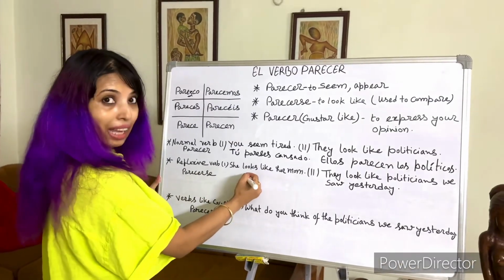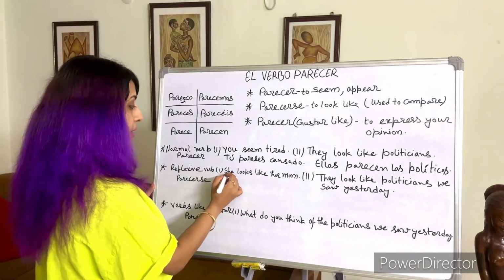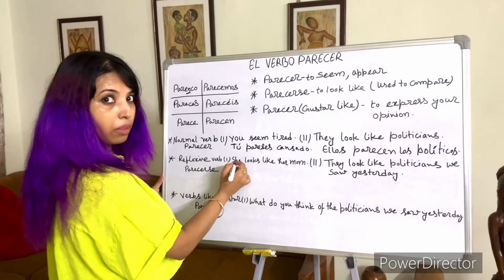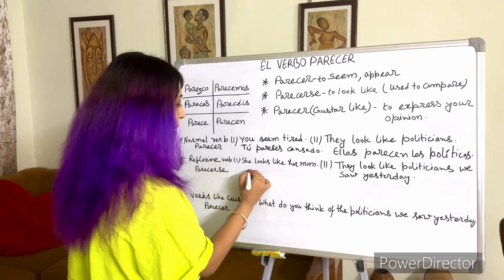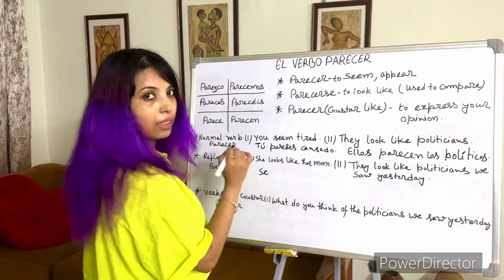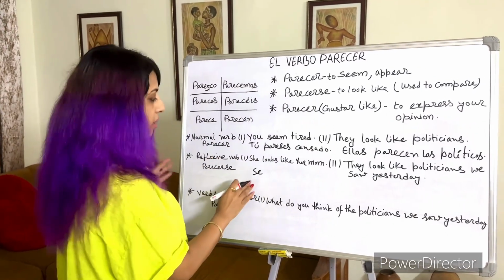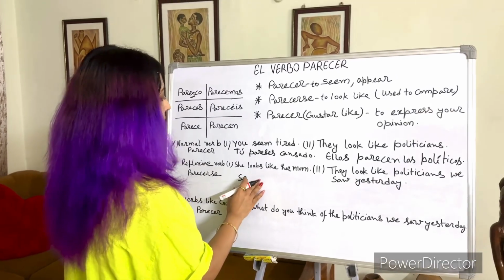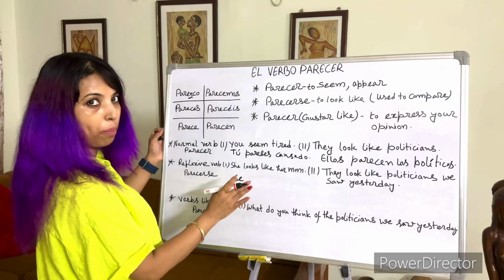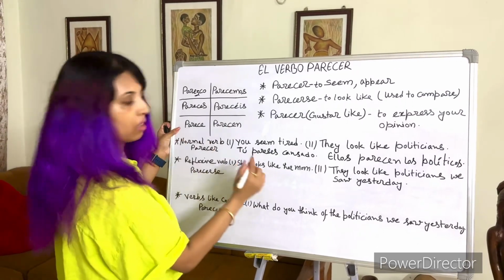So in that case I will be using the third person singular reflexive pronoun. That would be se. For él, ella, usted, the reflexive pronoun would be se. Se, then the third person singular conjugation of parecer, parece.